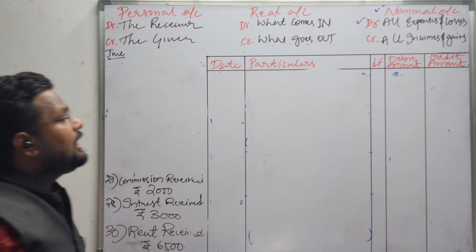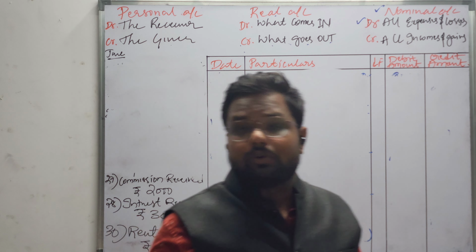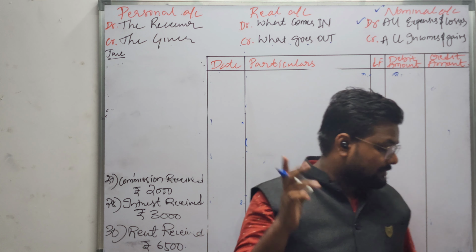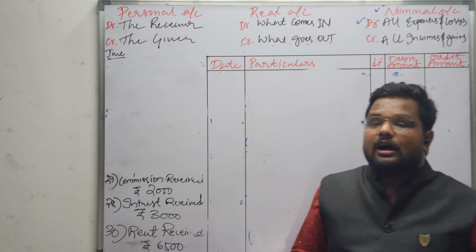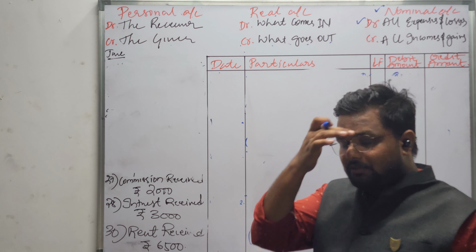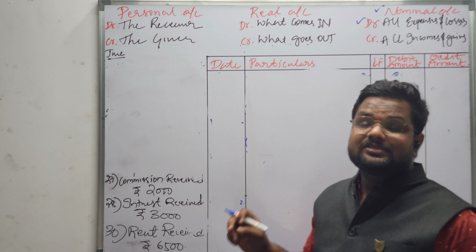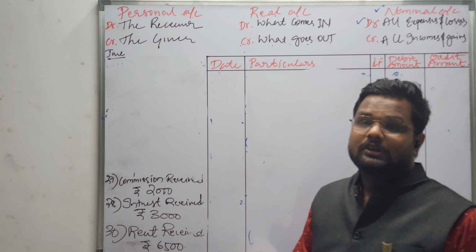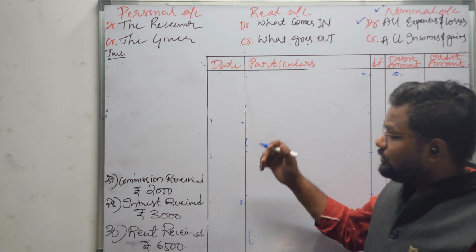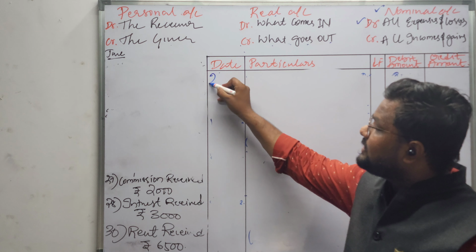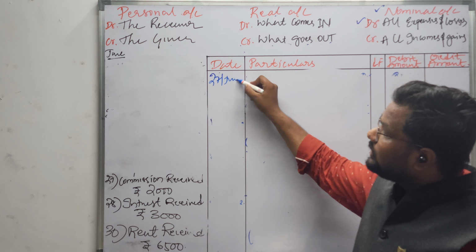Now we will see how to record the incomes in the books of accounts, how to record the incomes in the journal entry book. Journal book. So first one, the date is 27th of June.